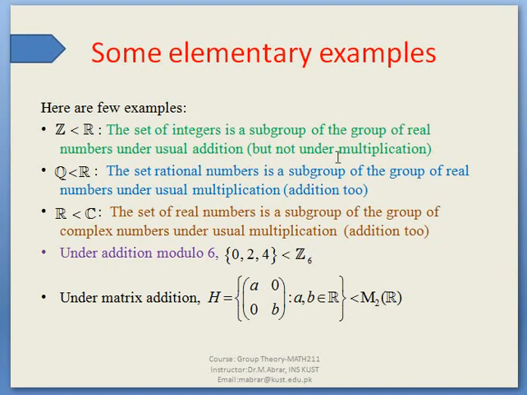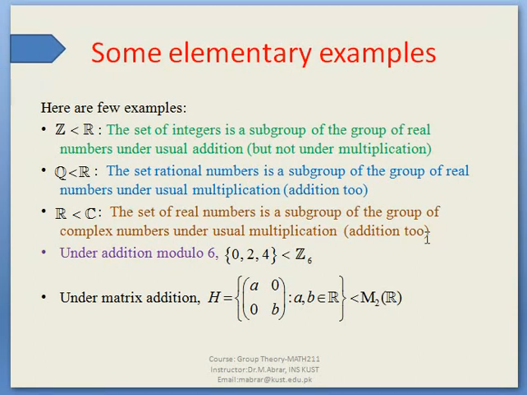So you see, so far if we want to prove a subgroup, we have to go through the axioms of group, because by definition a subset becomes a subgroup if it is itself a group.